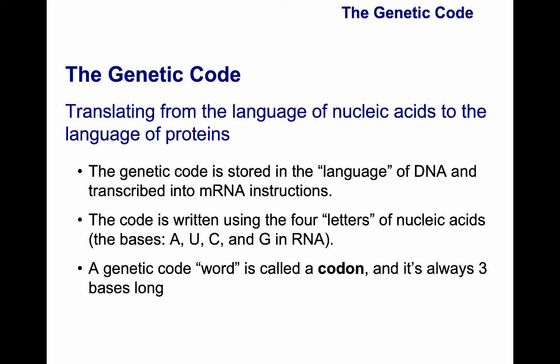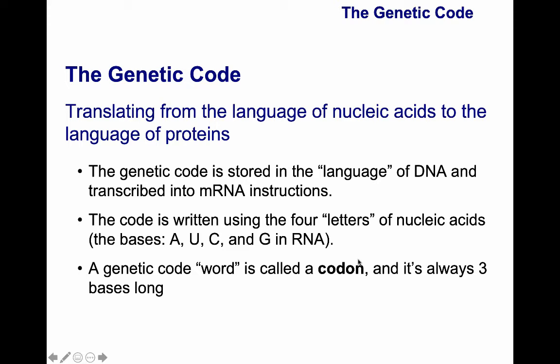There are 20 amino acids that can take part in the production of a protein, 20 different amino acids. And there are only 4 nucleotide bases. So we can't have a one-for-one, one base for one amino acid code.